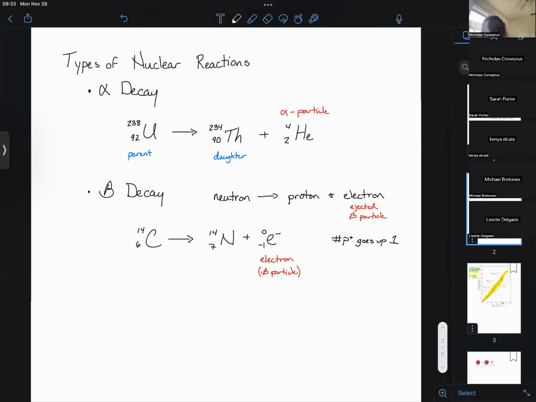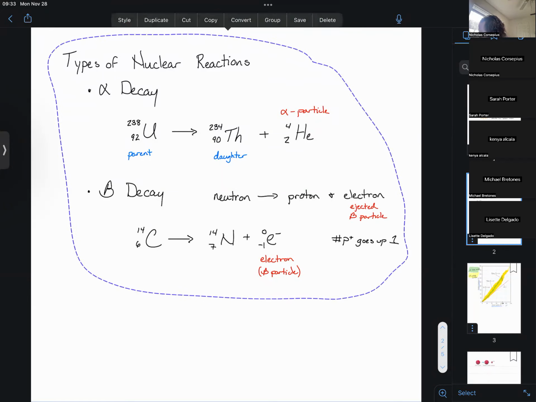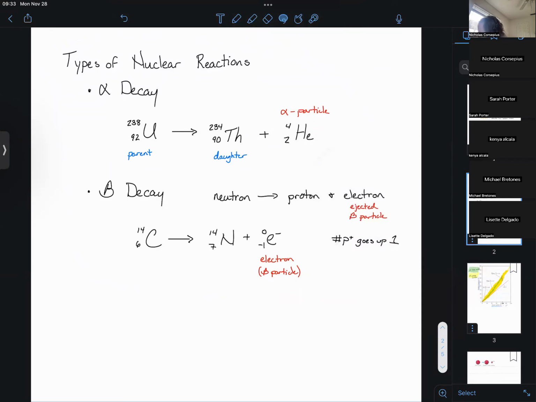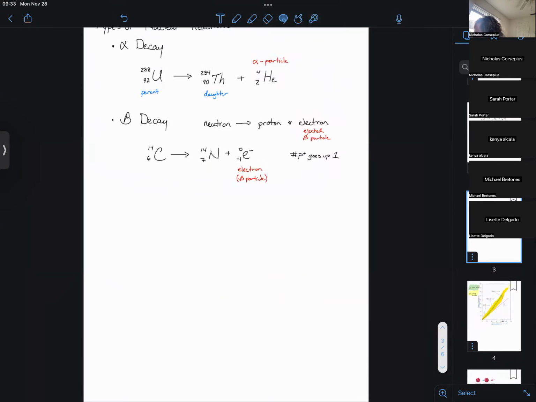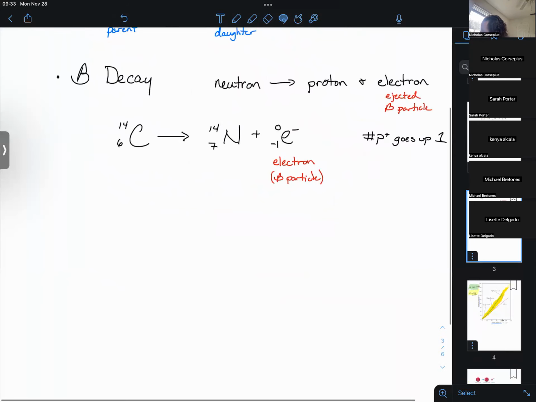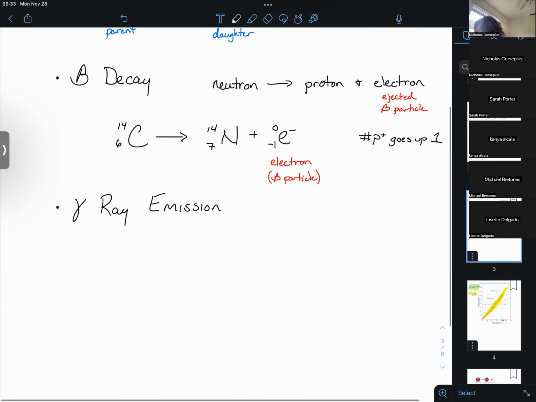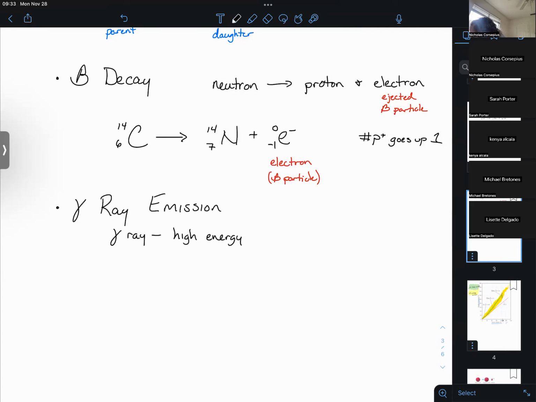The next one, let's actually go to a new sheet here. Going down the Greek alphabet here, what we call gamma decay, actually gamma ray emission. Okay. So first of all, what's being emitted here is what's called a gamma ray, which is just a very high energy photon.